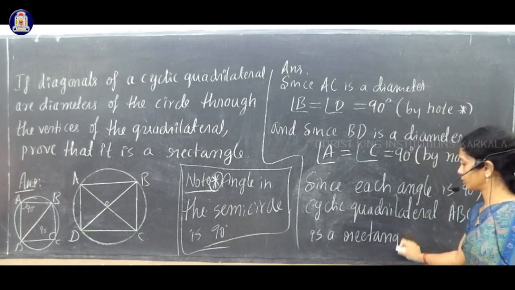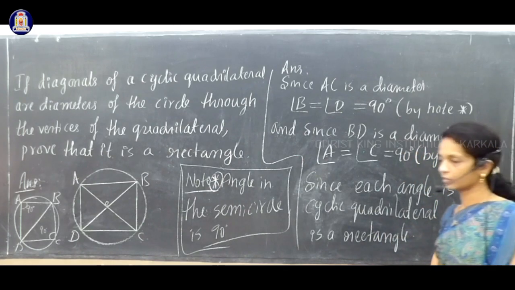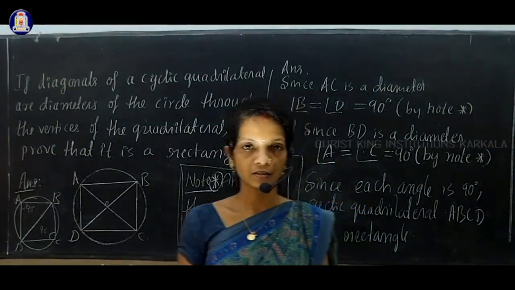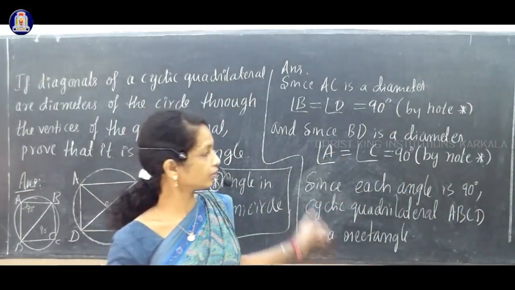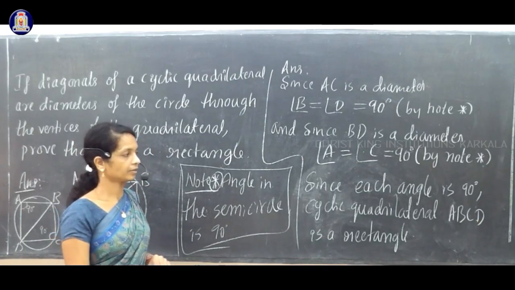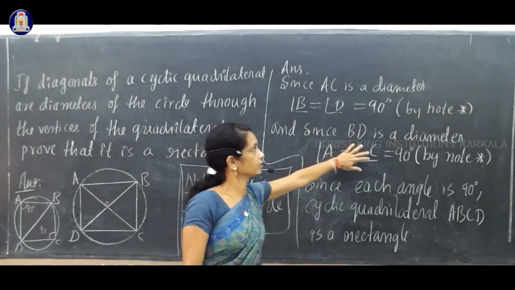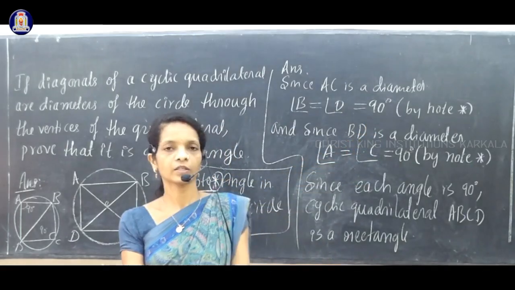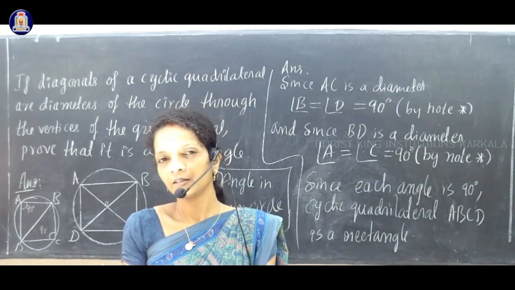We already have the definition of a rectangle: a quadrilateral in which all angles are equal to 90 degrees. Here we have a cyclic quadrilateral in which we proved each angle is 90 degrees. So we can say that a cyclic quadrilateral is a rectangle.